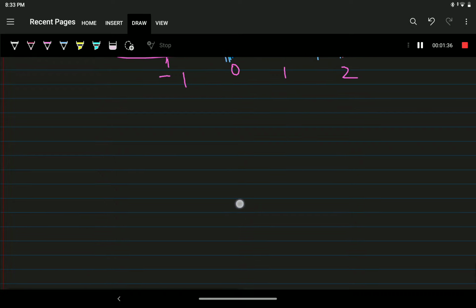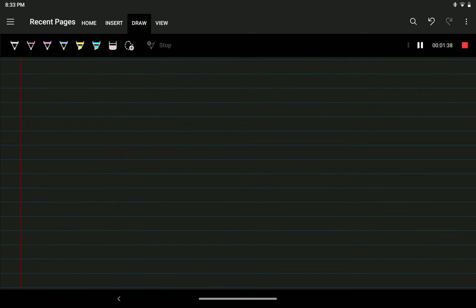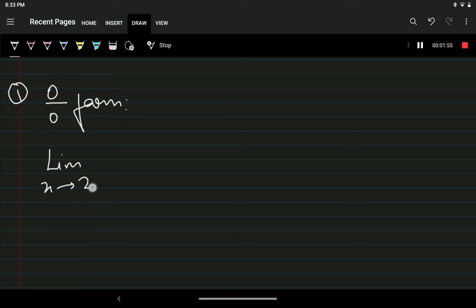Now in maths, limit is used in some format to identify some forms like 0 by 0, the most important form. Suppose I say limit x tends to 2, x squared minus 2x by x minus 2.